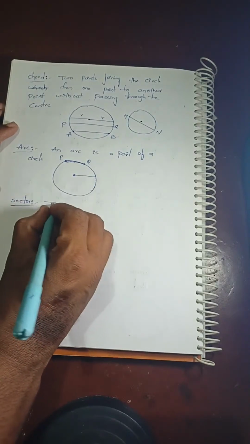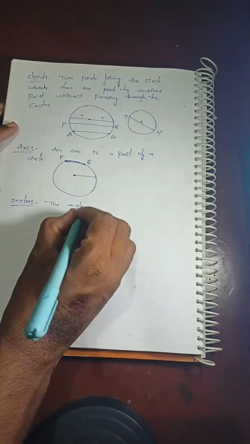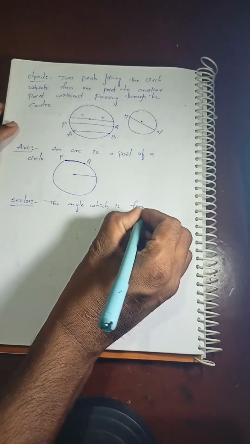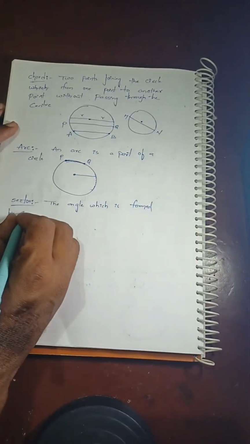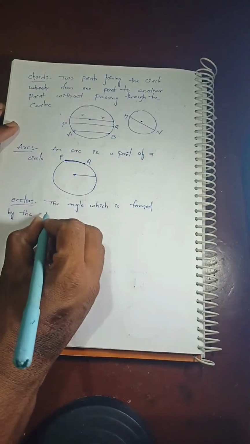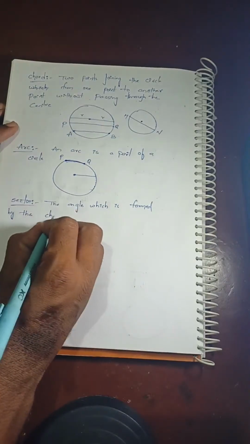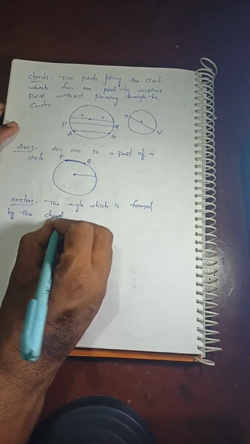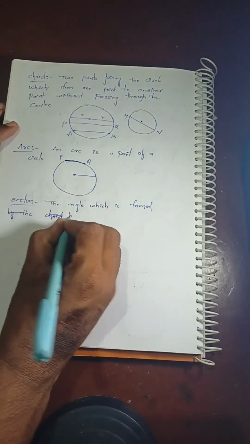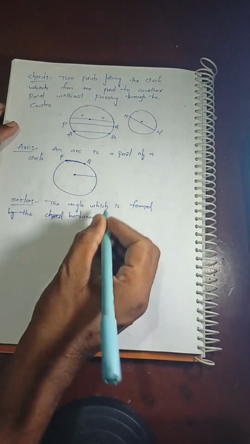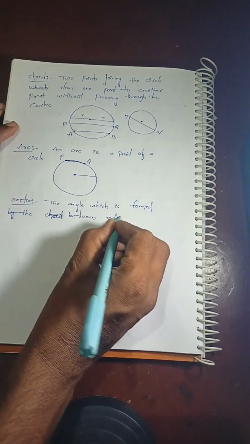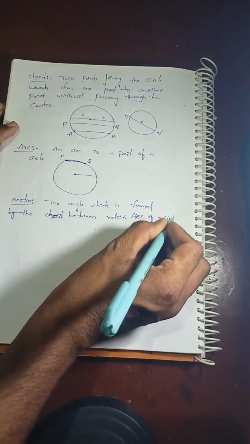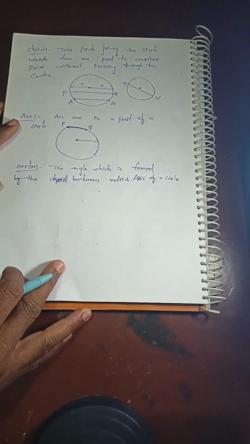Sector is nothing but the angle which is formed by the chord, which is formed between radii and arc of the circle. Arc of a circle, that is called as sector. So how to find out sector?